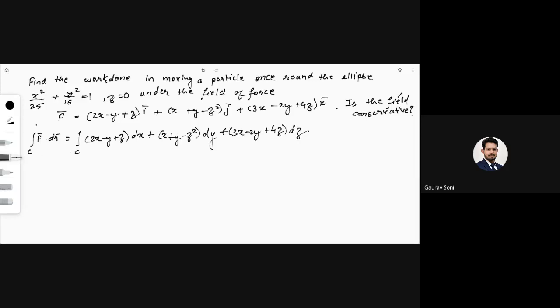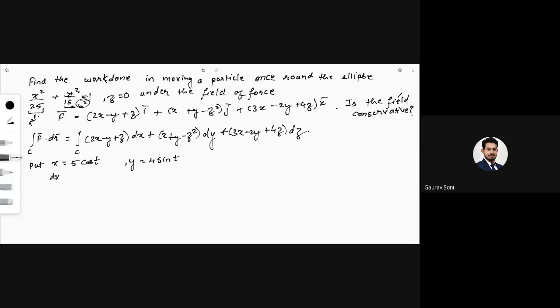Let's put the substitution. What is the value of a? Whatever is the denominator of x square, that is a square. So a is going to be 5, and the denominator of y square is b square. This is your a square and this is your b square. So a is equal to 5 and b is equal to 4. So put x is equal to 5 cos t, y is equal to 4 sin t.